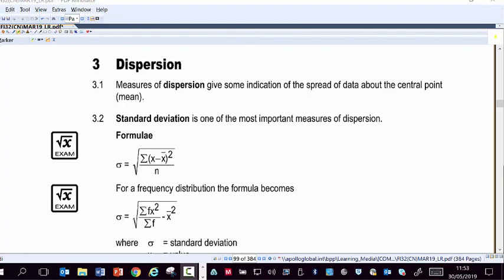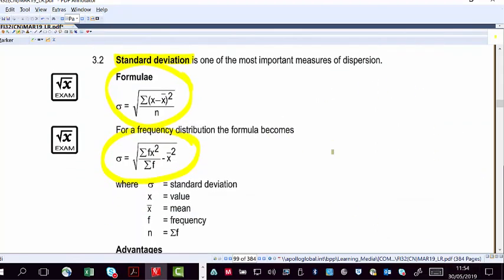As we said, dispersion measures the spread of data around the mean, and the most important measure of dispersion is the standard deviation. You get the formula in the exam, so we are given 2 formulae in the exam for individual data items and for a frequency distribution, like the information that we were given in the mileage table in lecture example 1.